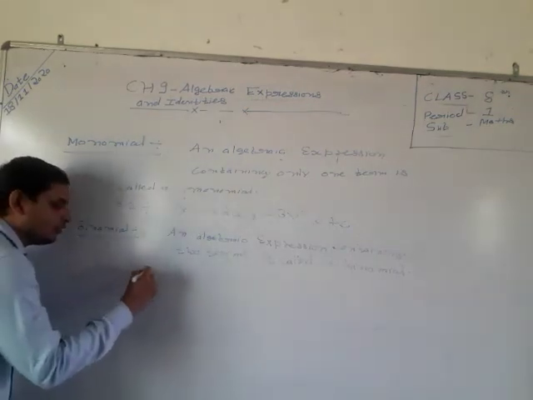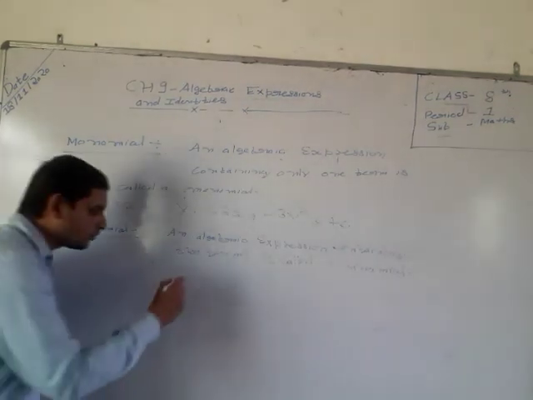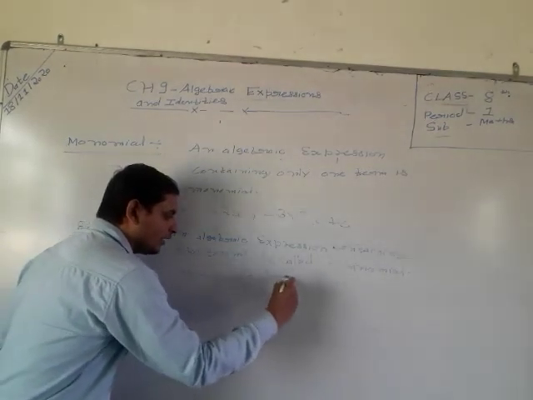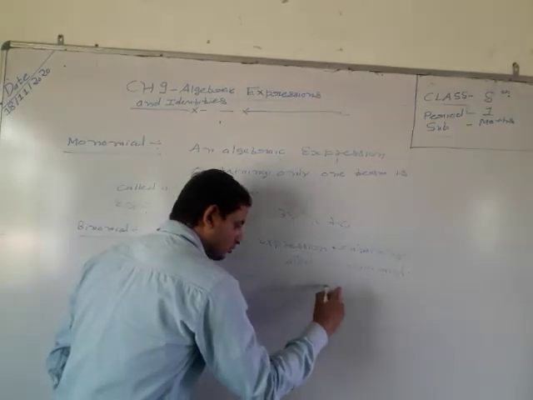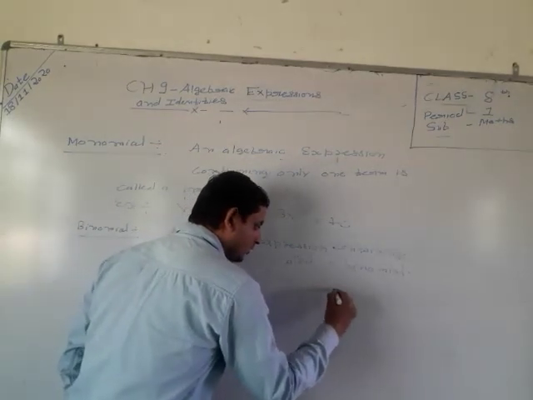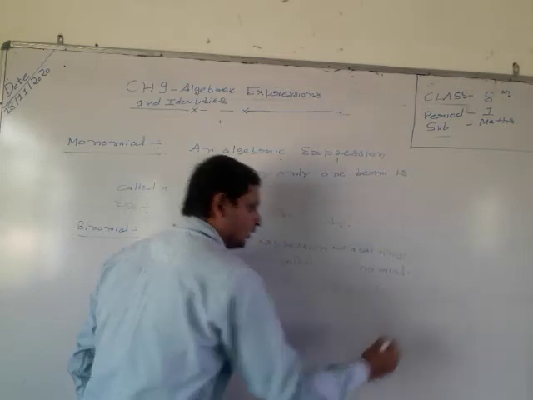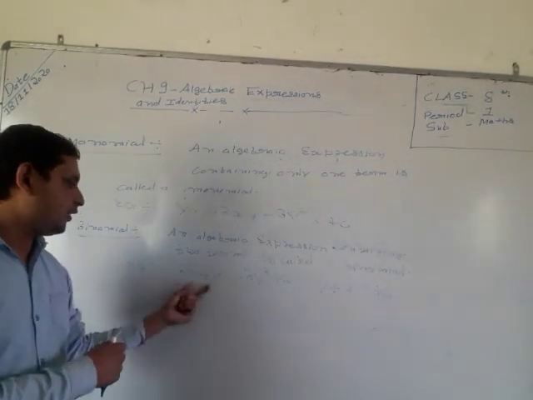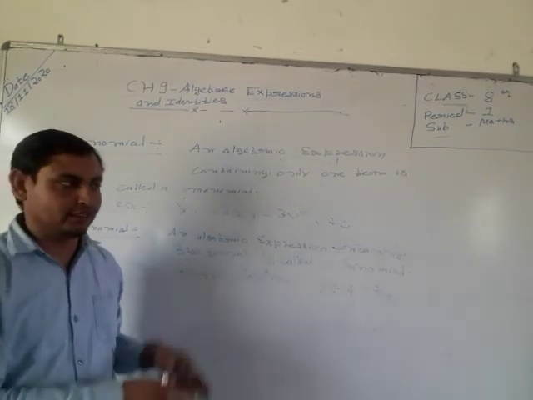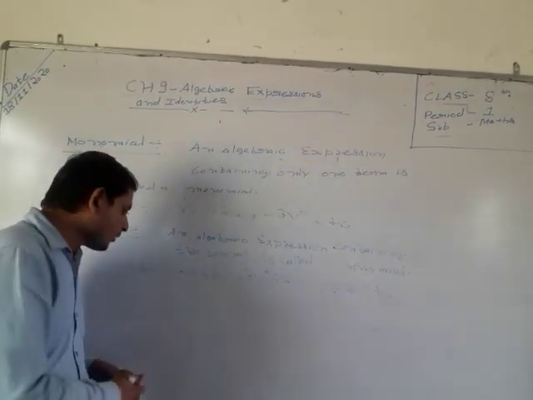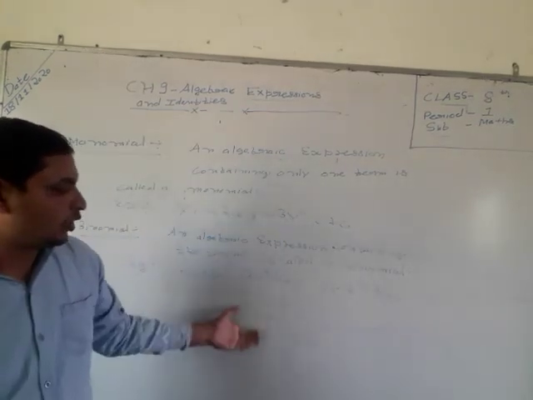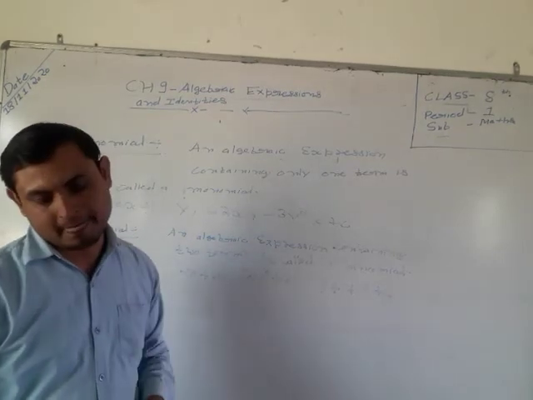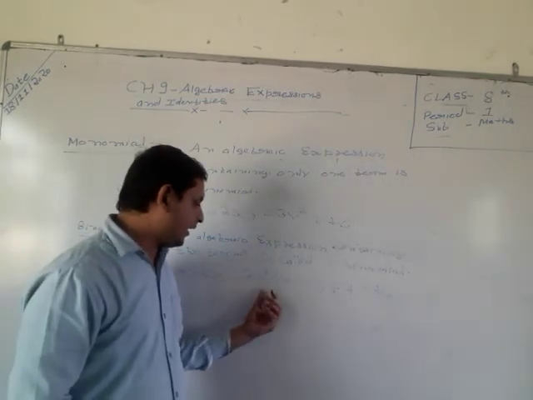So for the next example we can write with the help of two terms, 2x plus 4, minus 3y square plus 3y plus 7. These contain two terms and these are separated by the sign of positive and negative. There is one sign of plus, so there are two terms.